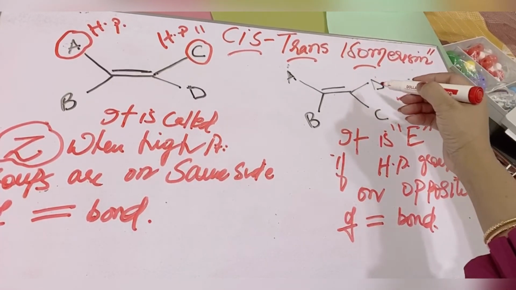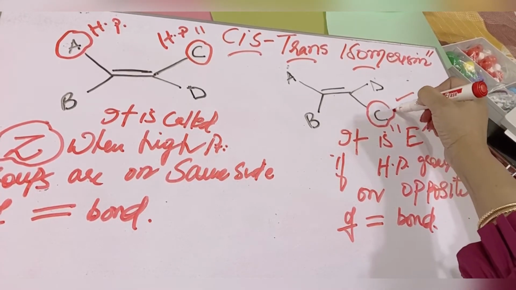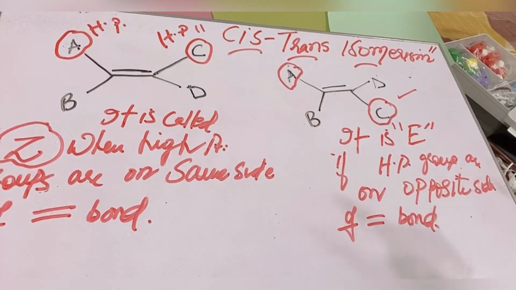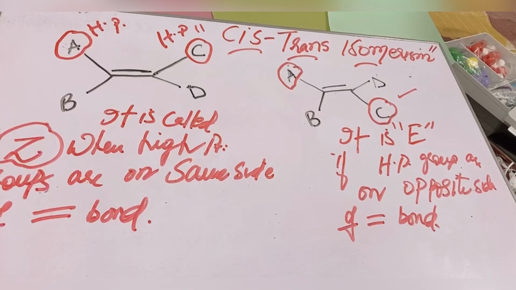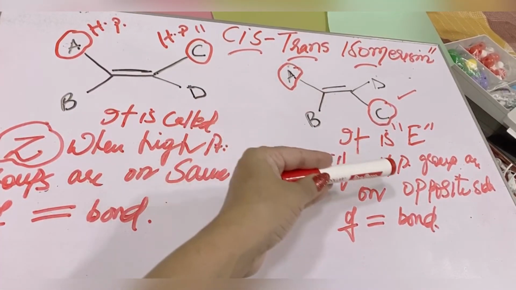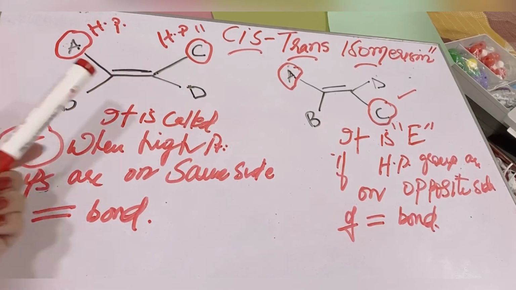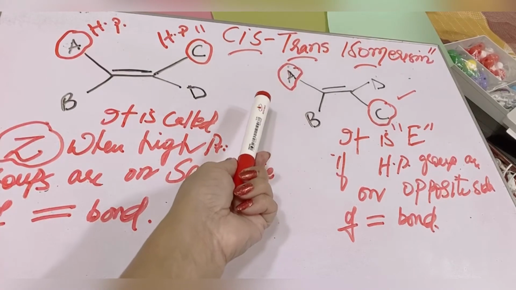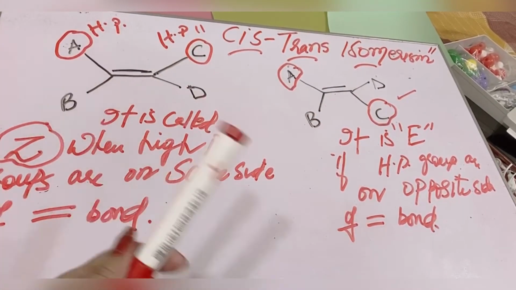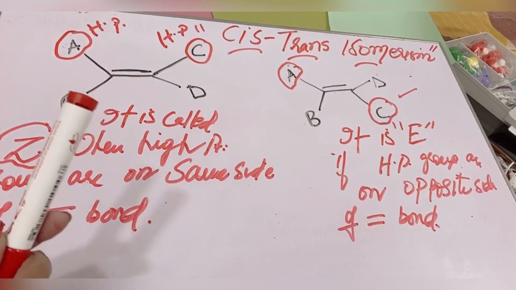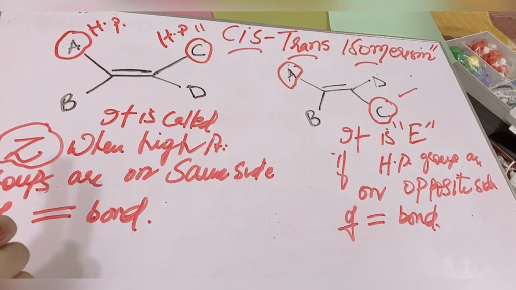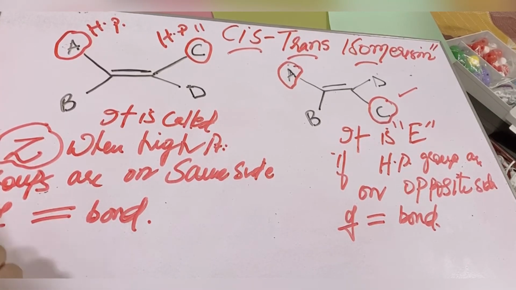This is a higher priority group and this is the highest priority group according to our statement, that they will be on the opposite sides of the double bond. Where here in this case they are on the same side of the double bond, here they are on the opposite sides. So this is the main difference between Z and E. Now, you can easily answer anyone what is Z and what is E. Now, this is all about geometric isomerism.